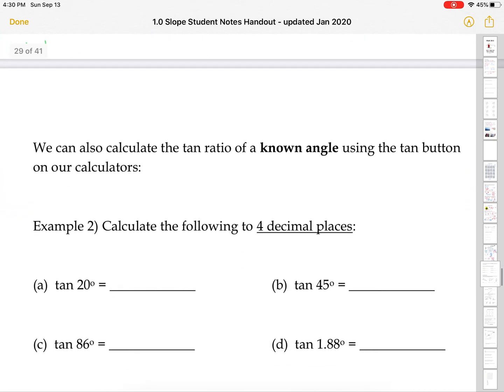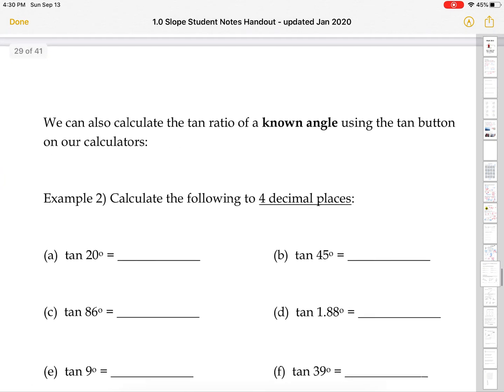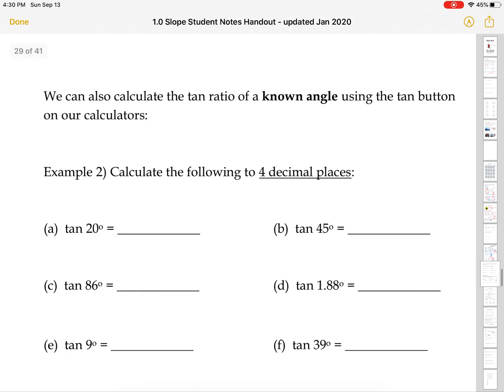Okay? Now, we can also calculate the tan ratio of a known angle using the tan button on our calculator. You all have a button on your calculator that says tan.